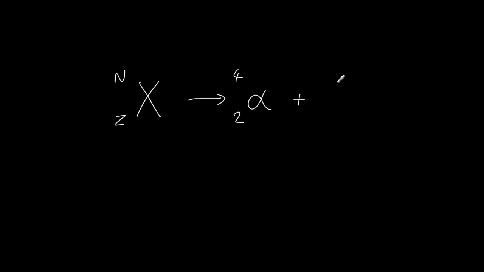Let's call that element D, and the proton number of D is going to be Z minus 2, and the nucleon number of D will be N minus 4. So N minus 4 plus 4 will equal N, and Z minus 2 plus 2 will equal Z.